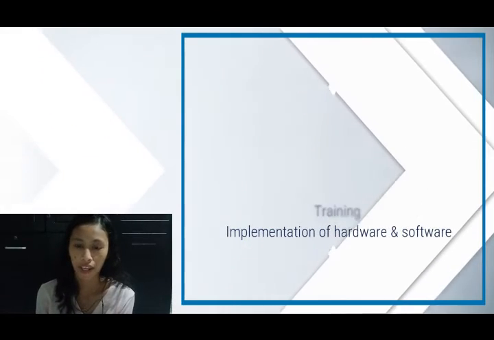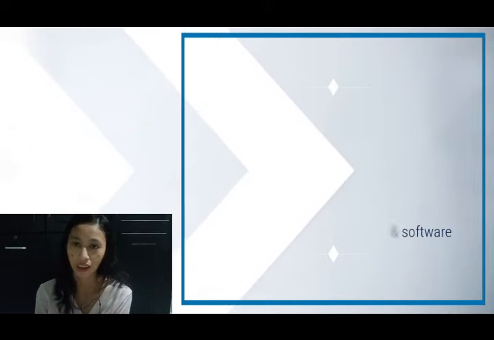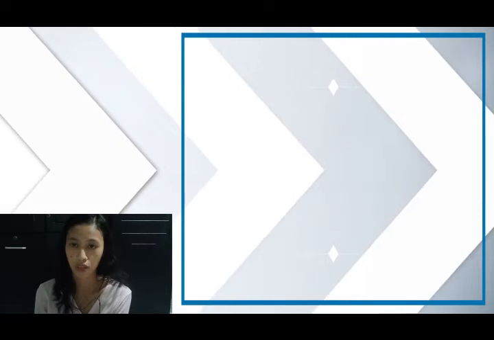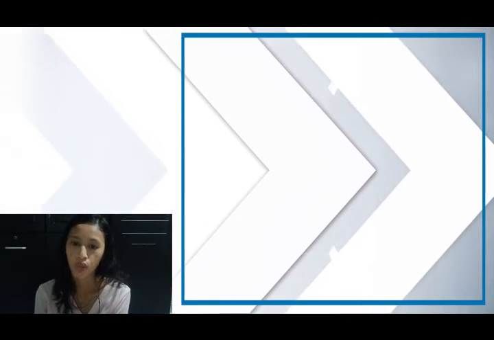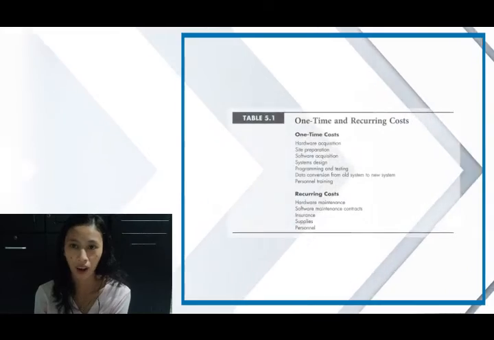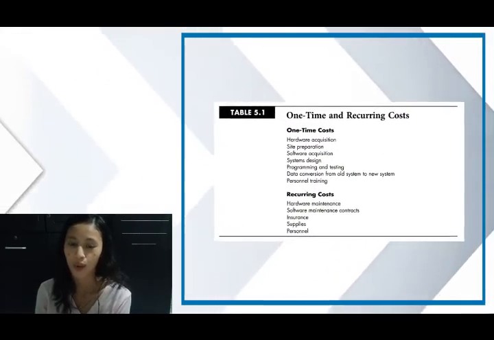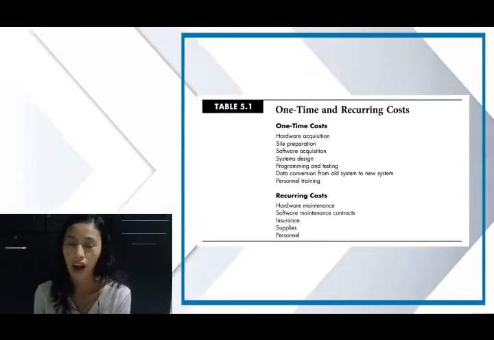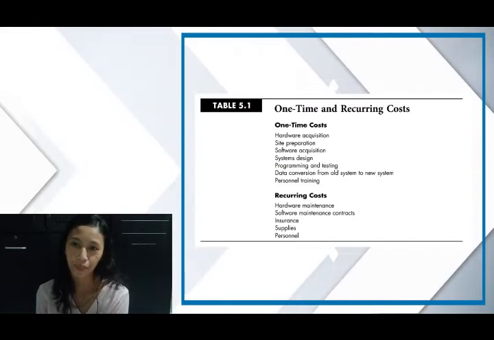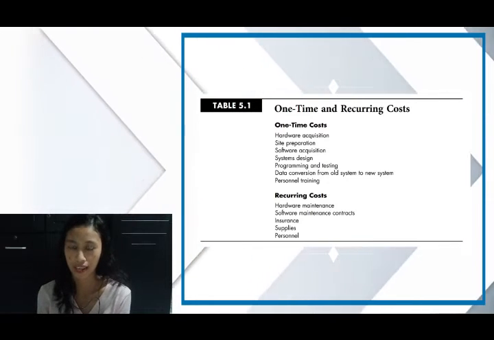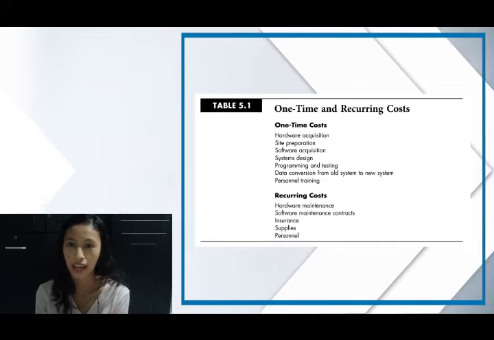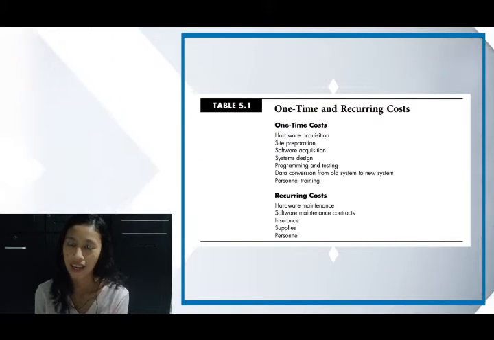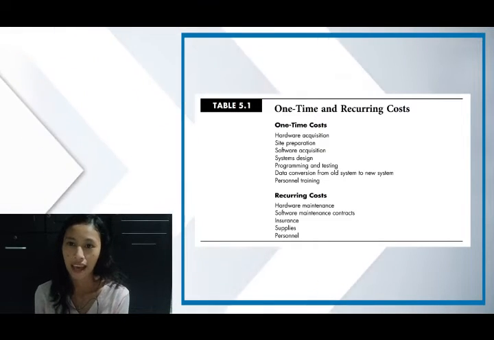Table 5.1 in Chapter 5, Information Technology Auditing, 3rd edition by James A. Hall, shows a breakdown of typical one-time costs and recurring costs. One-time cost includes hardware acquisition, site preparation, software acquisition, system design, programming and testing, data conversion, and training.